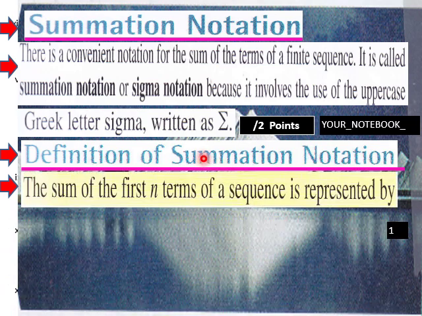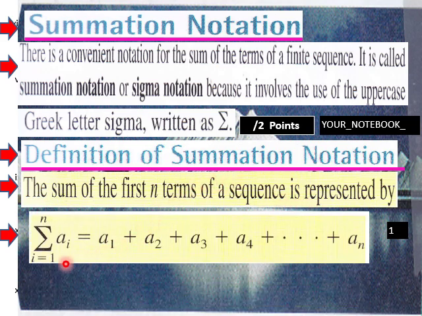Definition of summation notation: the sum of the first n terms of a sequence is represented by sigma from i equals 1 to n of a sub i, which equals a1 plus a2 plus a3 plus a4 plus up to a sub n.